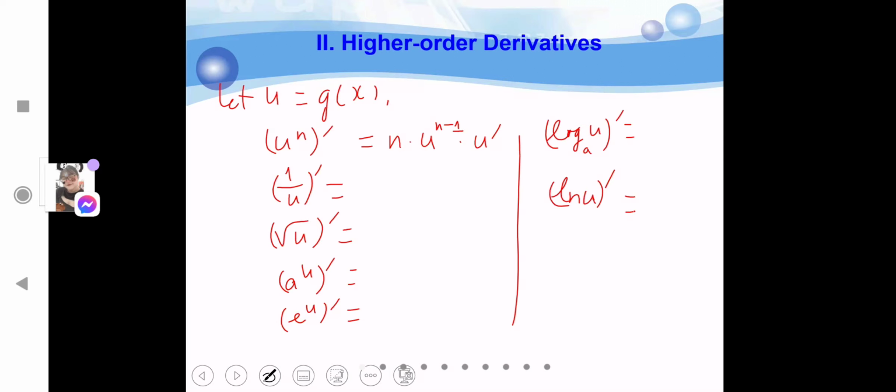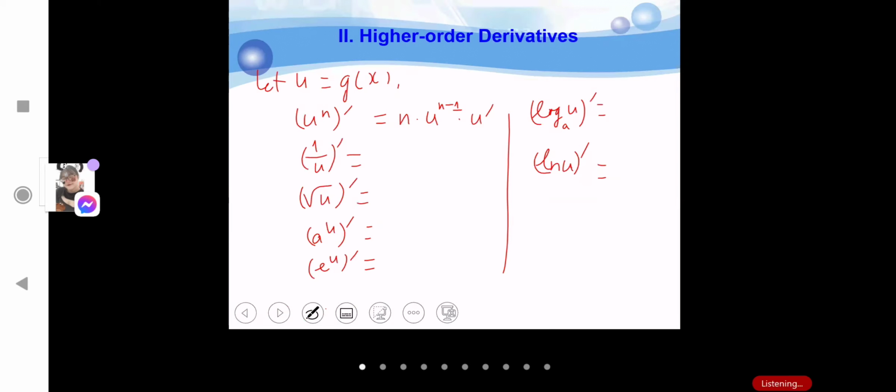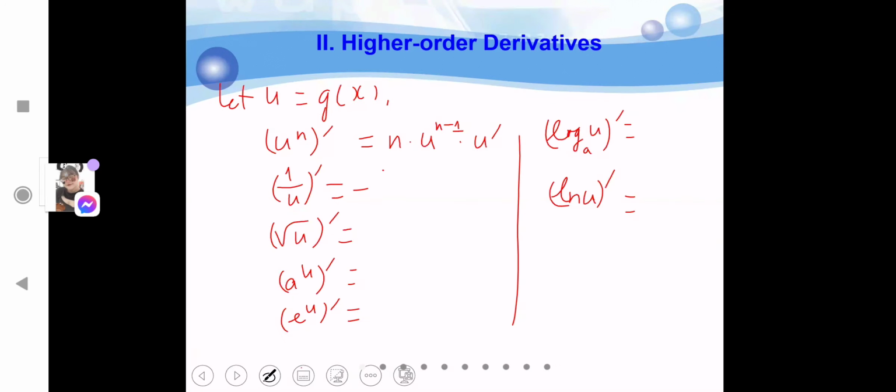Now, can you read for me the second formula? 1 over u derivative equals minus 1 over u squared and multiply by u prime.